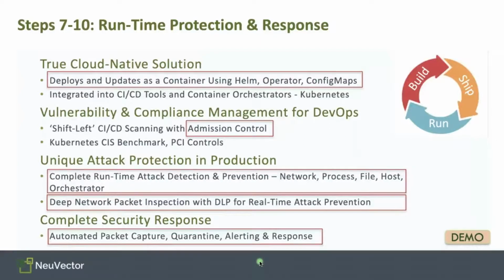The second is the ability to create admission control rules to block unauthorized deployments or vulnerable deployments into the production environment. The third area is the ability to enforce runtime protection, and that's really automated blocking of network connections, of processes, or file activity that should not be happening, either in a container or on the host.